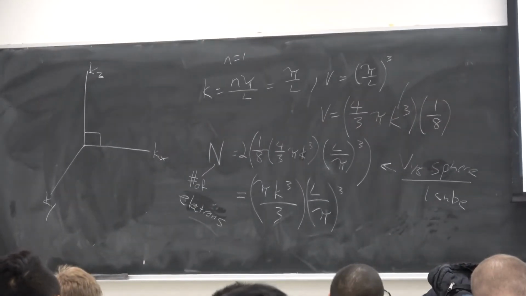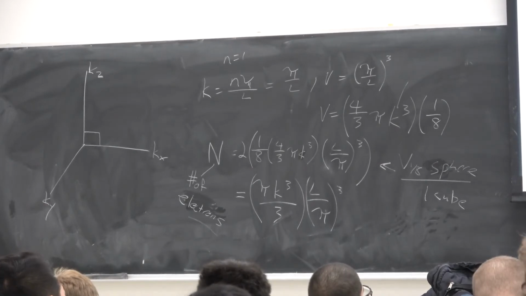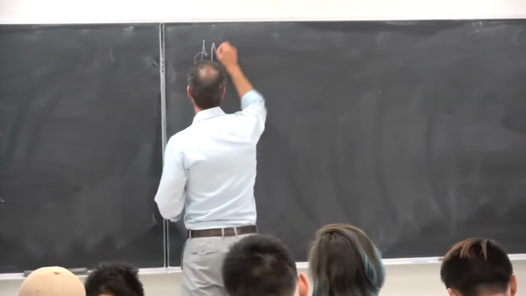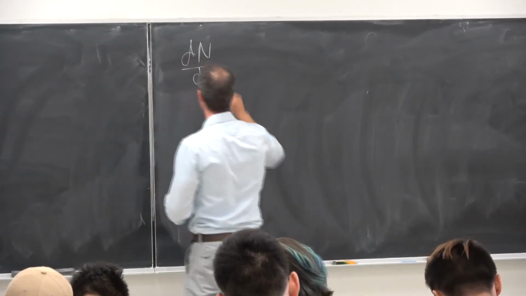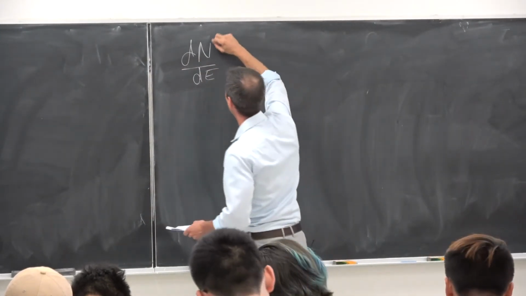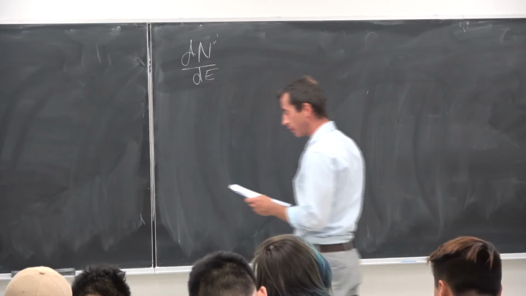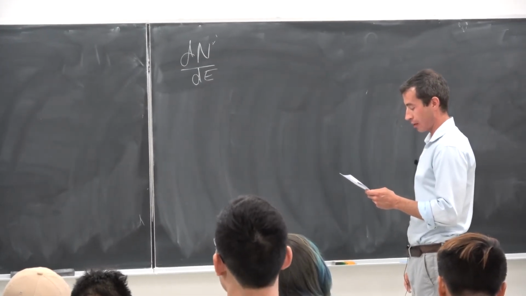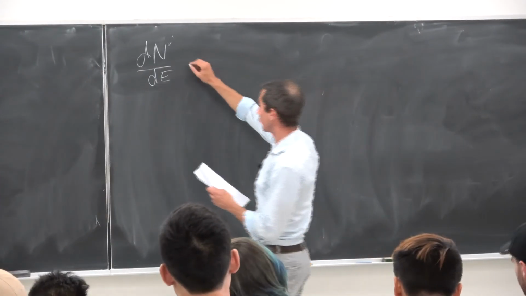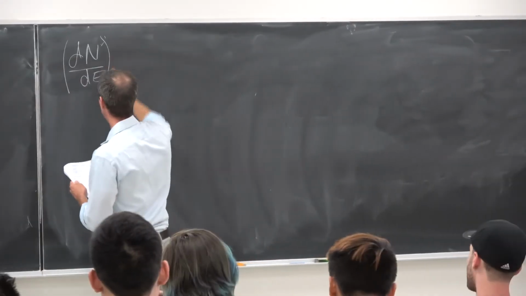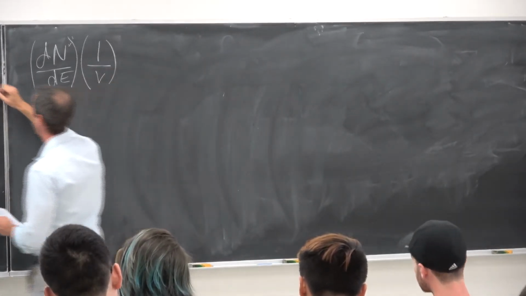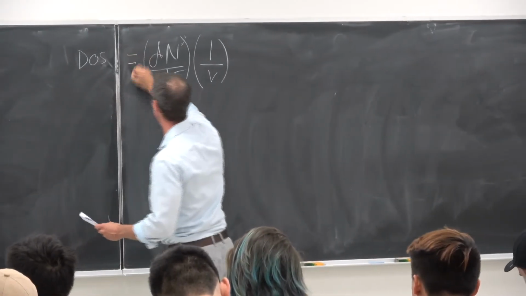Now, what if we tried to move this into the number of states per energy? So dN over dE, okay? That's closer to what we want. If we had this, and then we divided it by the volume, this would equal the density of states, right?